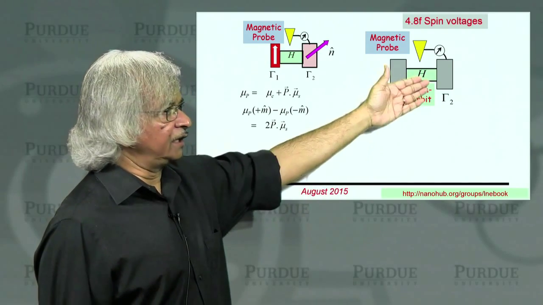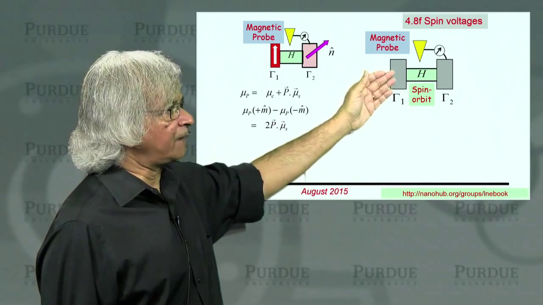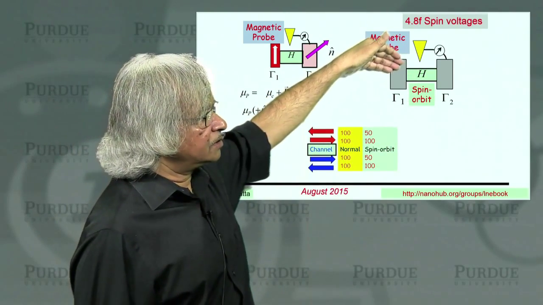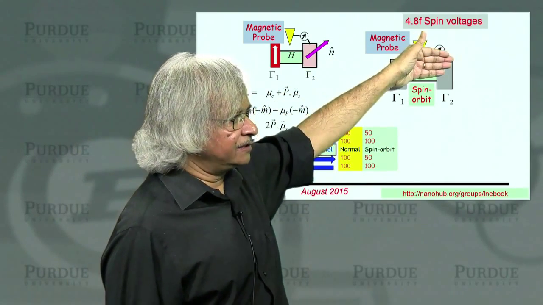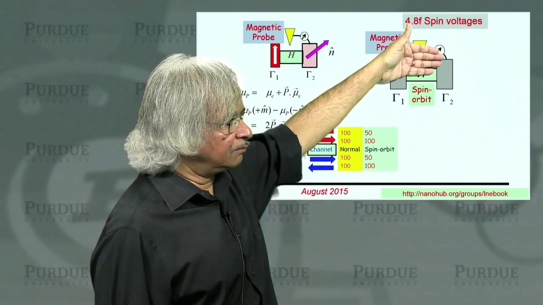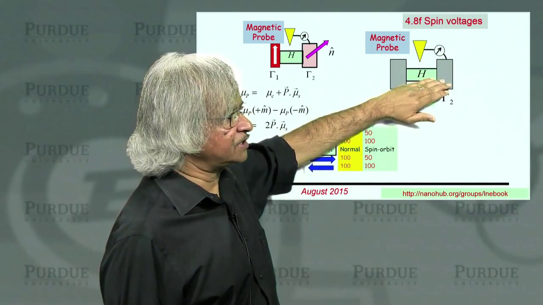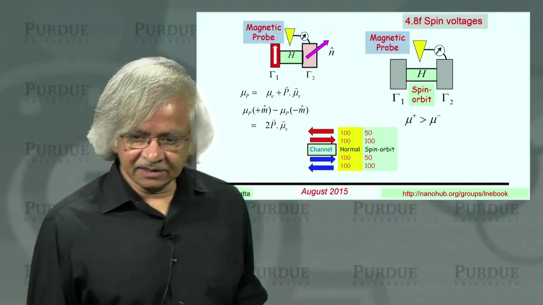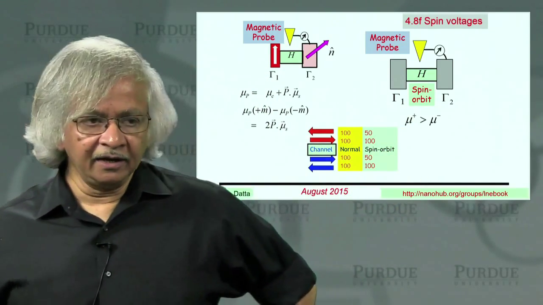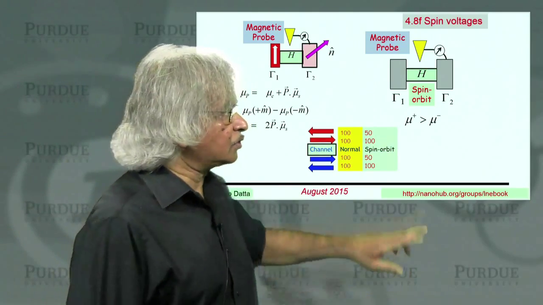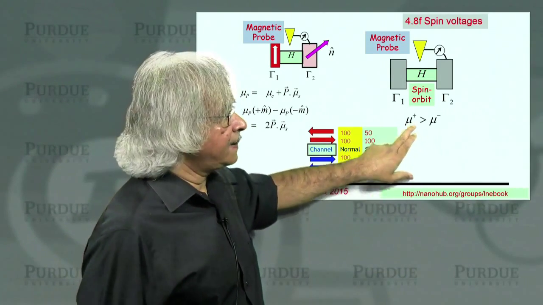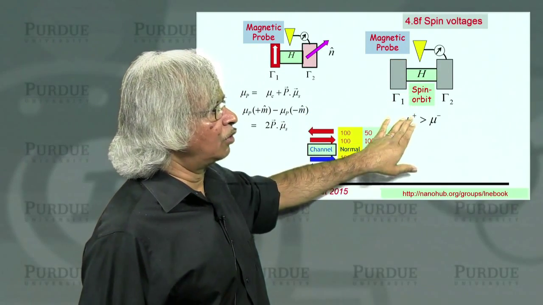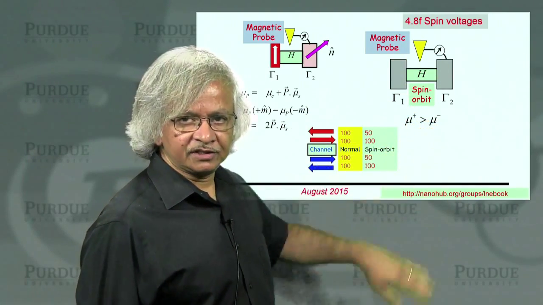Because with ordinary contacts, what happens is, when you run a current, you have states going to the right that are filled, much more filled compared to the states going to the left. And so, as we had discussed earlier, both in part A and also earlier in this course, in part B, when current flows, the right moving states are more occupied than the left moving states.